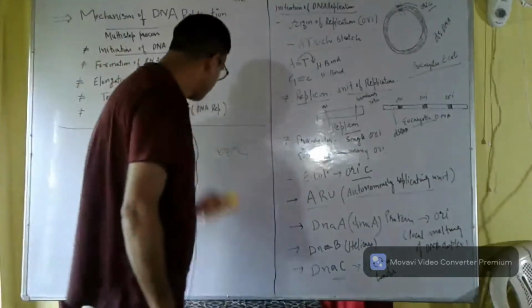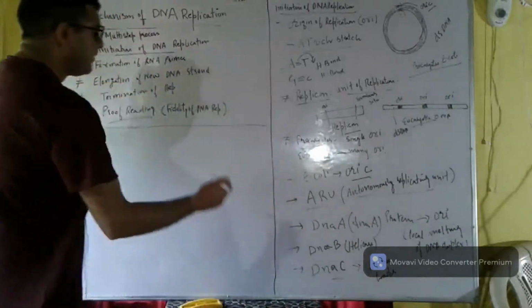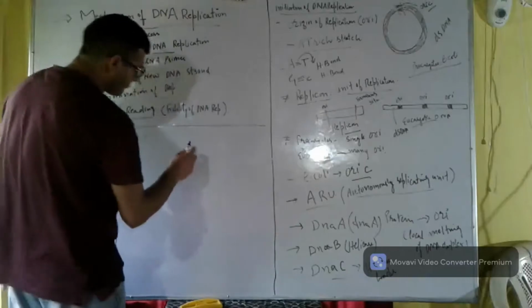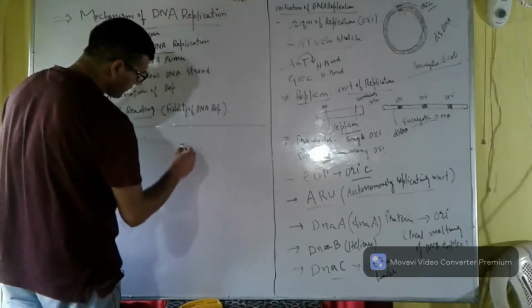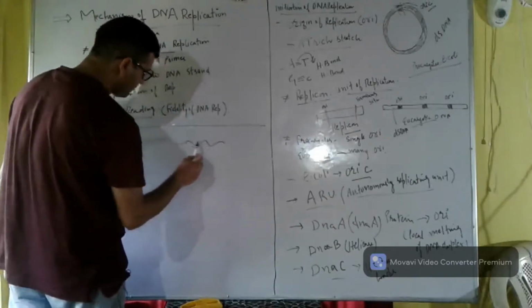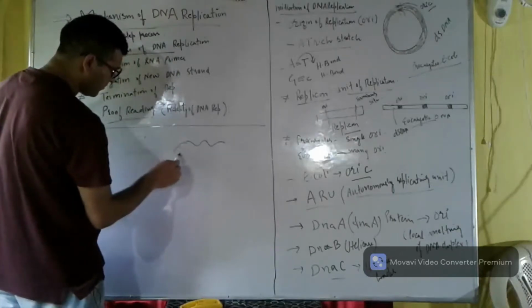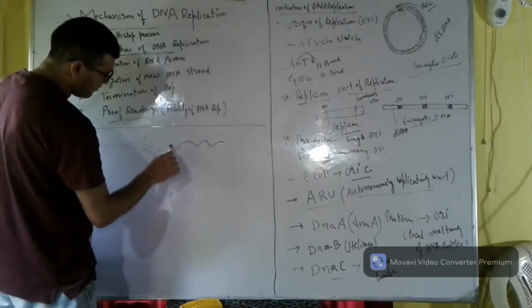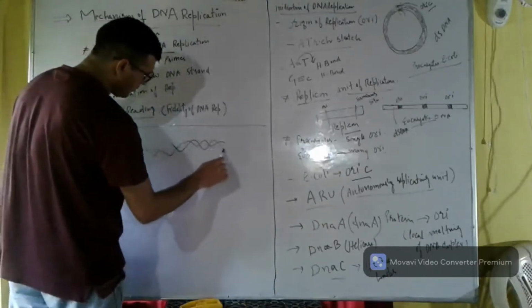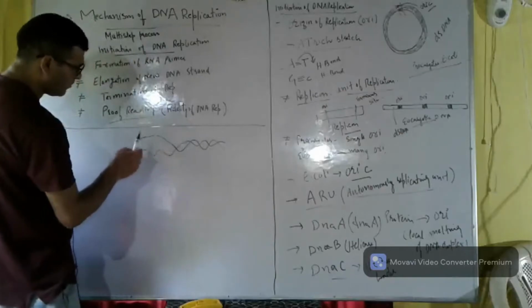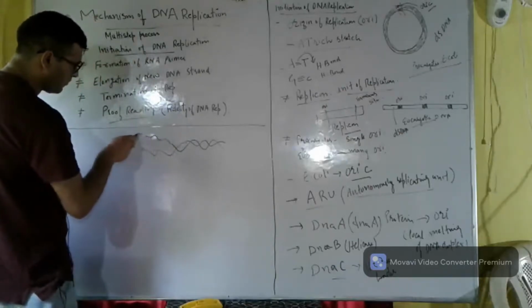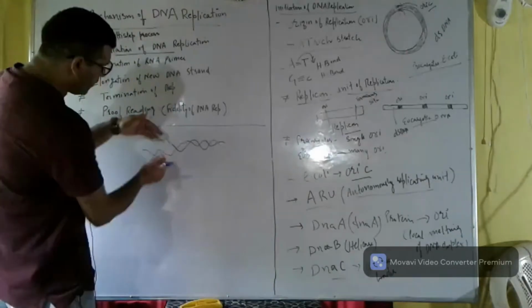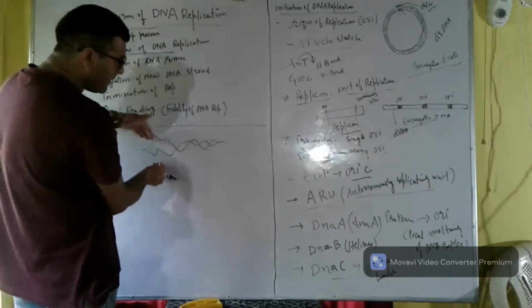Then DNA would be like this. It would be like this because the two strands are separated by means of the enzyme helicase.